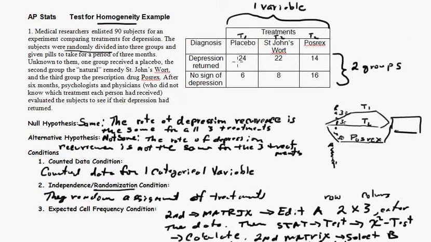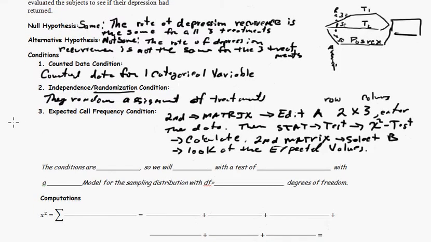Here they left us some room, so I'm just going to put them in. It turns out that it's pretty easy for this one. It's 20, 20, and 20, and then 10, 10, and 10.